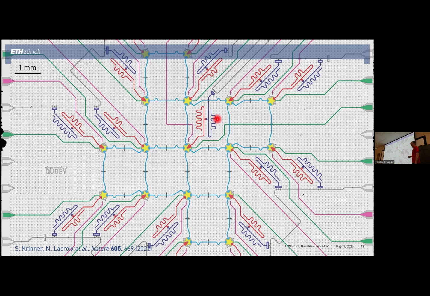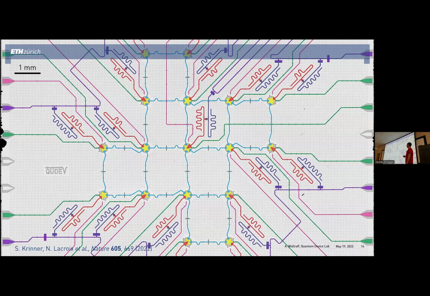This Purcell filter avoids the qubit decay that would otherwise occur if a qubit is strongly non-resonantly coupled to a readout resonator. Even though the qubit is detuned from the readout resonator, it will still somewhat hybridize with it, and the fraction of the hybridized state could decay through the readout resonator and limit T1. One of the ways to suppress this decay is through these dedicated Purcell filters.